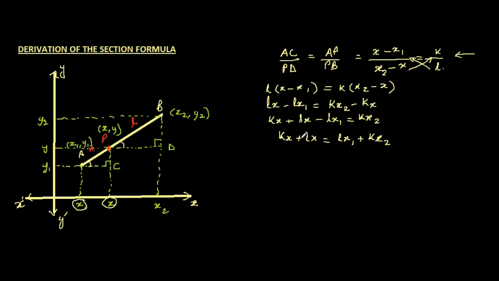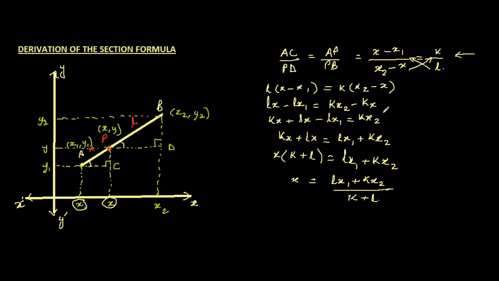Then I factor out x from both the terms, so I get x times k plus l should be equal to lx1 plus kx2, and then I divide both sides by k plus l. So dividing the left hand side, I am left with only x, and this will be lx1 plus kx2 over k plus l.